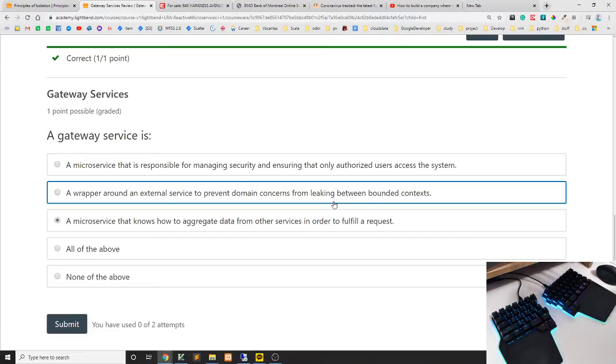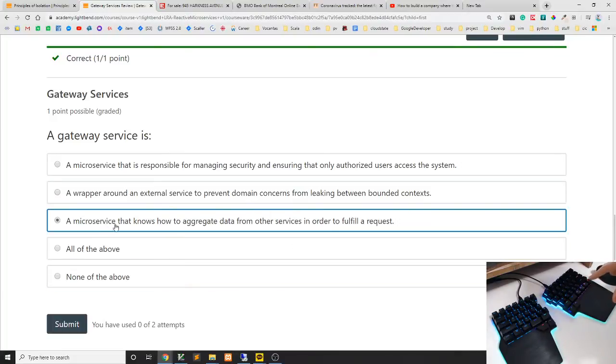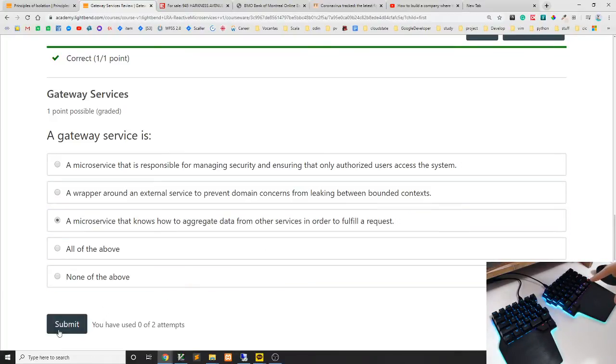So while it is possible to use the gateway service, it is also possible to go directly to the microservice, which will cause an issue. So I would say only this one is the answer.